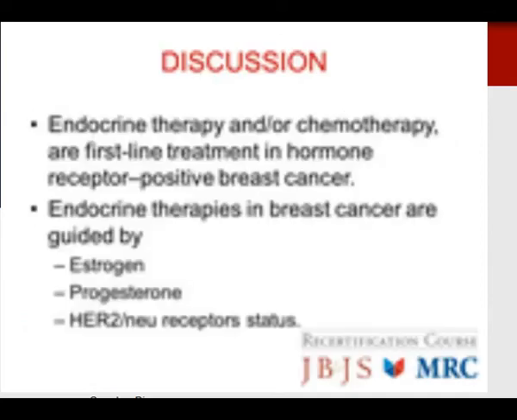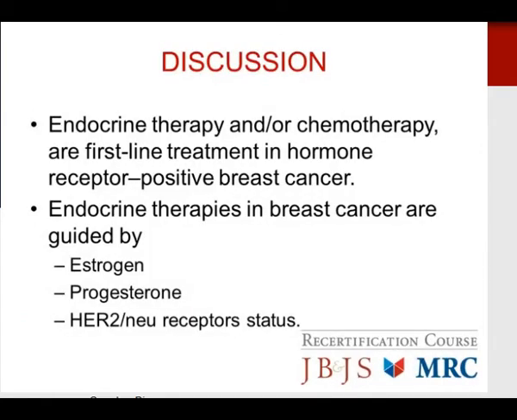Today, estrogen, progesterone, and HER2/neu status are important and have specific endocrine targets. So a patient who may be ER/PR positive, HER2/neu positive, or if all receptors are positive, they may have targeted therapy that may be directed to them. If those are negative and all negative, these patients receive cytotoxic chemotherapy. So it's important to know that just because a patient has breast cancer doesn't mean they get treated with hormonal therapy.